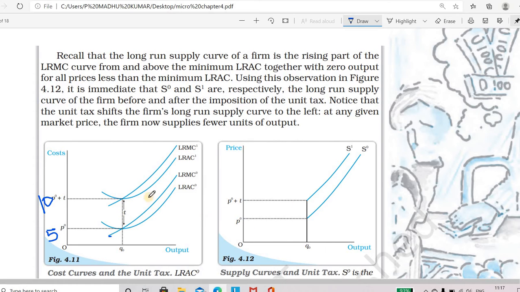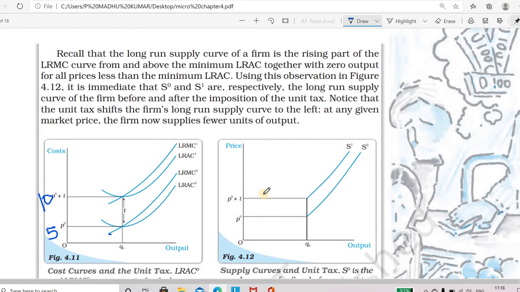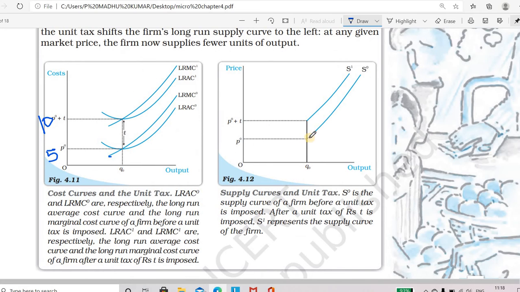This is the supply curve. We know LRMC is the supply curve. We can draw the supply curve of this production separately. You can see S0 is the supply curve at the price P0.